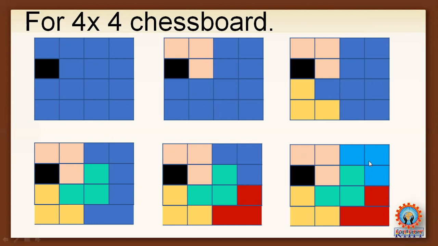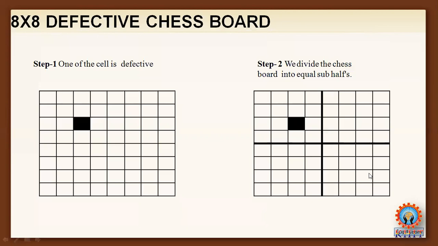So I hope you understood this. Now let us move to another chessboard. If the size of the chessboard is doubled, that means an 8 by 8 defective chessboard. The size of the chessboard is 8 rows and 8 columns.